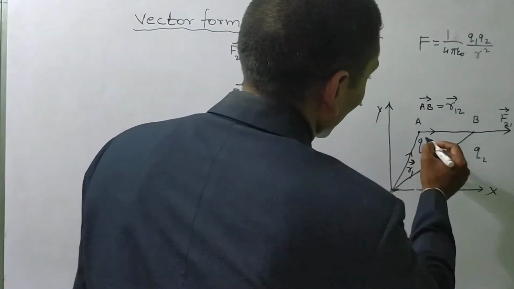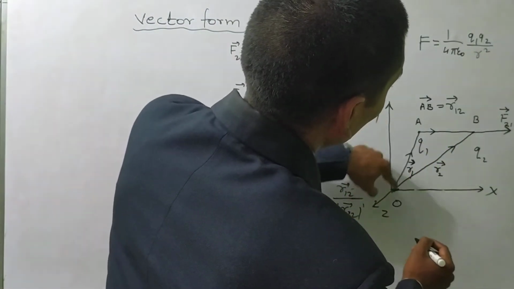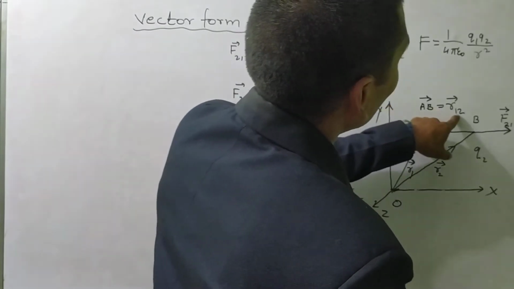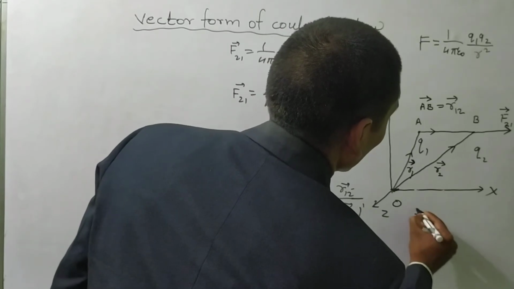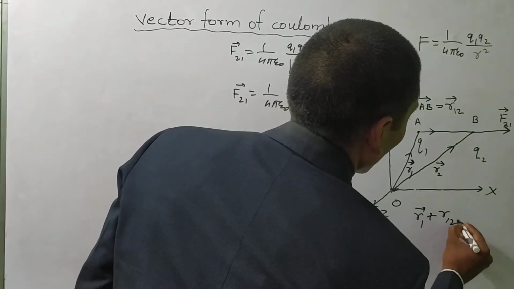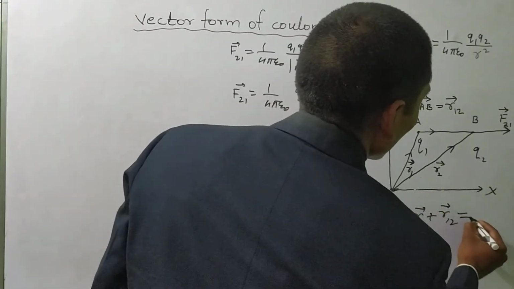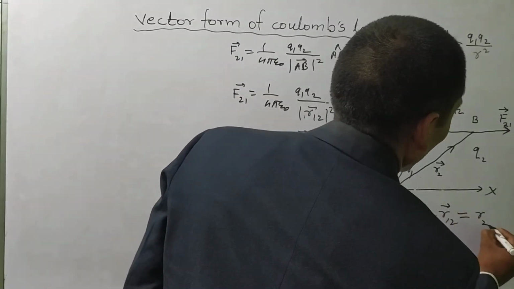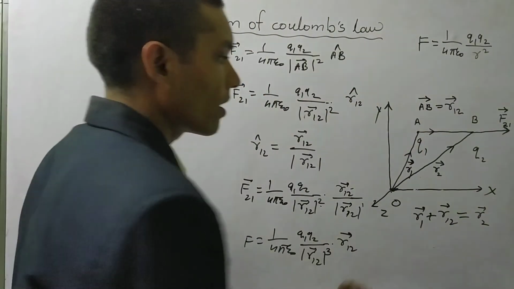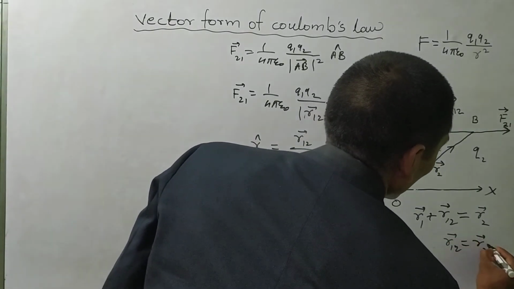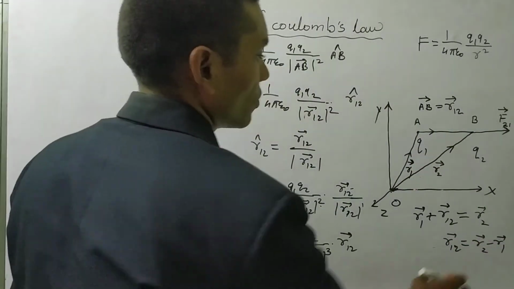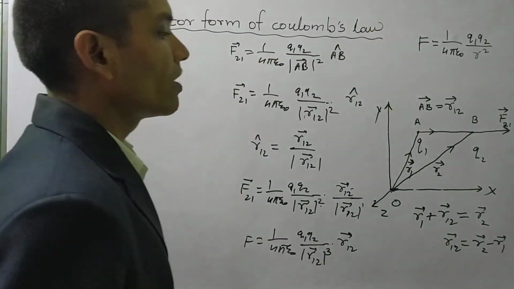So in the same direction, vector r1 (O to A) and vector r12 (A to B) are in the same direction. So vector r1 plus vector r12 will be equal to vector r2, or vector r12 will be equal to vector r2 minus vector r1. So this is the value of vector r12.